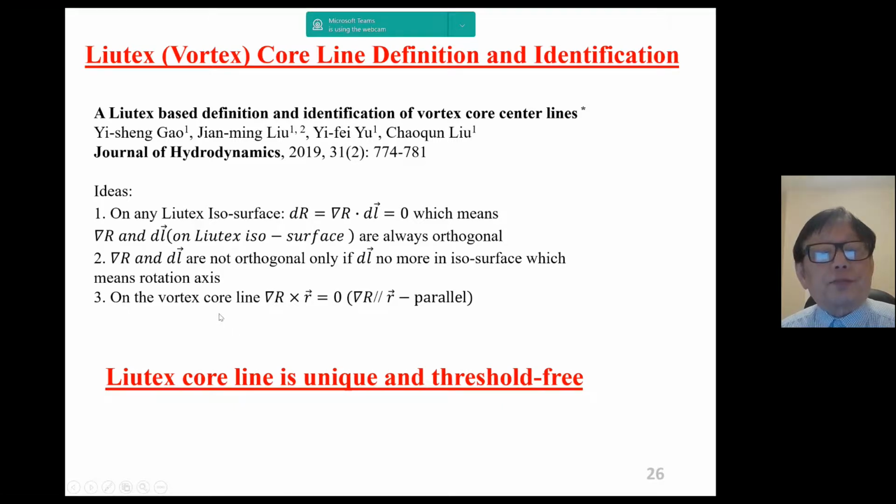So we give the definition. What is a rotation core line? It is the line where the gradient of R cross product with the Nutex vector is 0. That means the Nutex gradient is parallel to Nutex. The Nutex core line is unique and threshold free. We don't need any threshold.